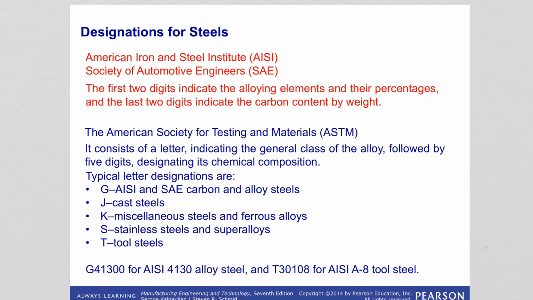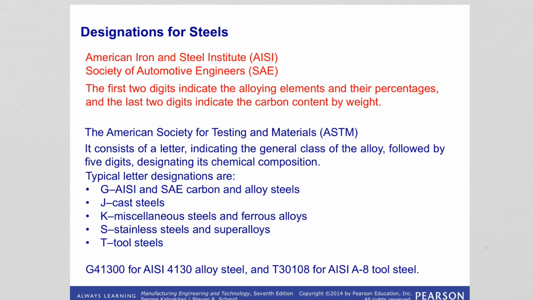The next is designations for steels. The American Iron and Steel Institute, AISI, and the Society of Automotive Engineers, SAE, have a certain designation system for steels.